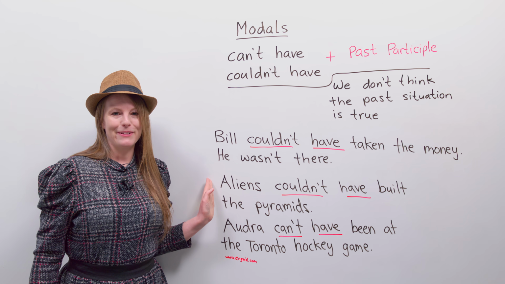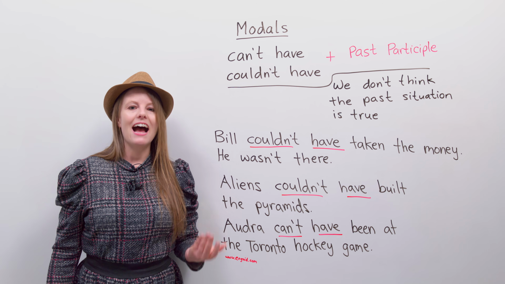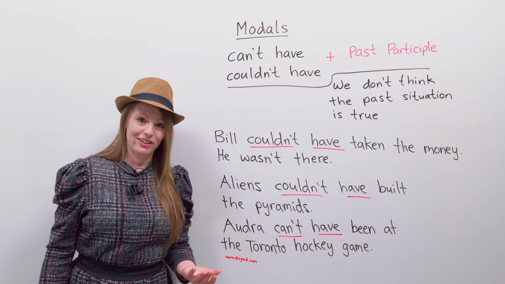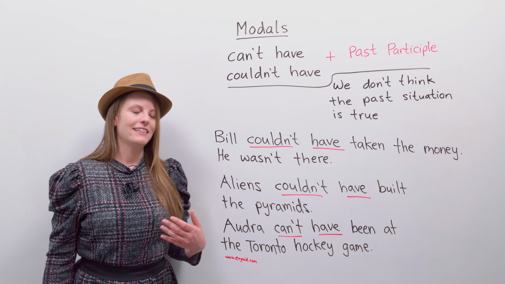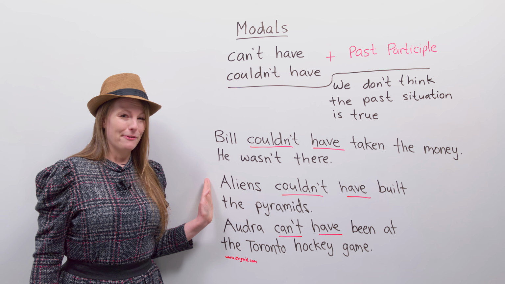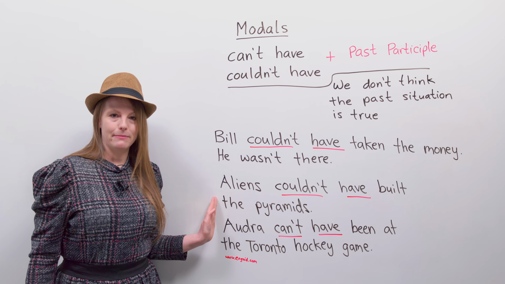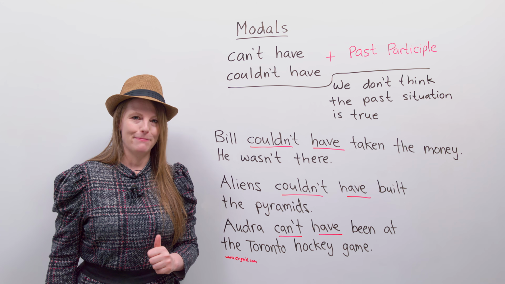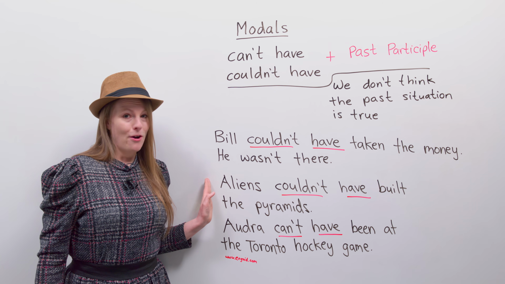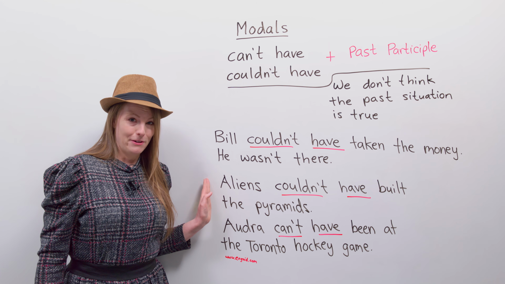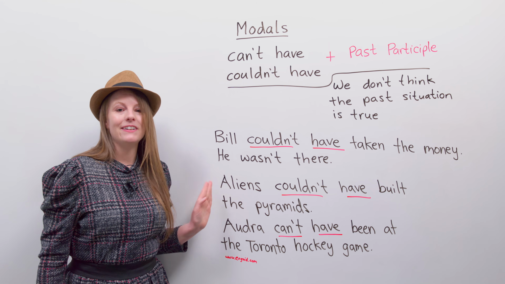All right, let's look at another example. I like this example because before I became an English teacher, I studied archaeology. So I love history. I love ancient Egypt. Now, this is something I hear from people. Aliens couldn't have built the pyramids. I'm happy when people say this. And I agree. I don't think it's possible aliens built the pyramids. This is not true.